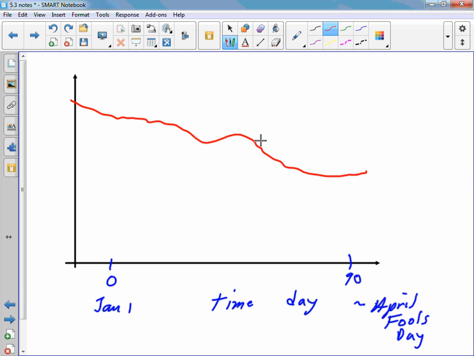And because it's decreasing, that means your cost is decreasing. So this is the cost of heating your house, and this is in US dollars. Okay, so we can say then that, and we have our interval, let's put that in.